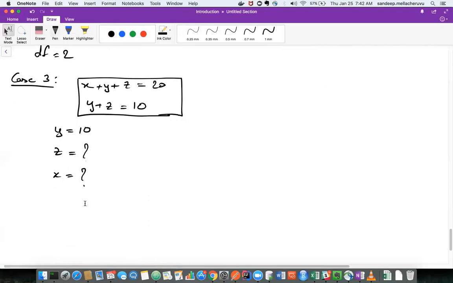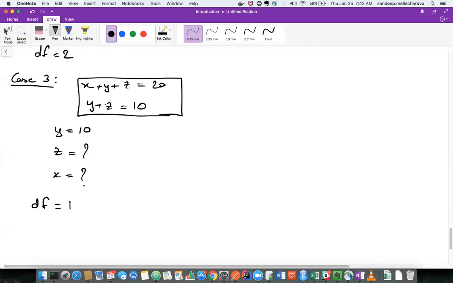So you cannot choose Z. You cannot choose X. Now, what is the degrees of freedom? How many variables can you freely change? Only one. Once you choose Y, you cannot choose Z. You cannot choose X also, because X is always fixed.